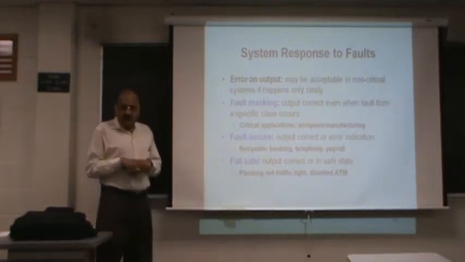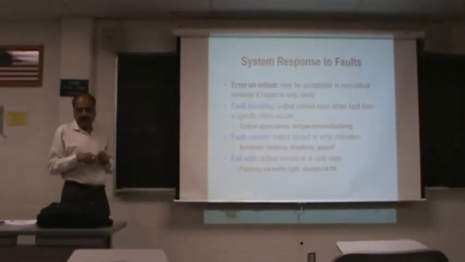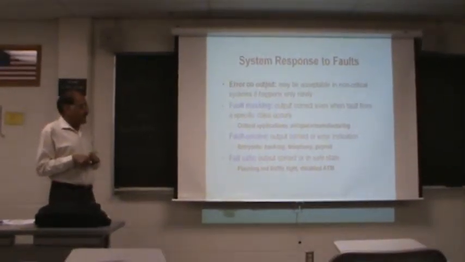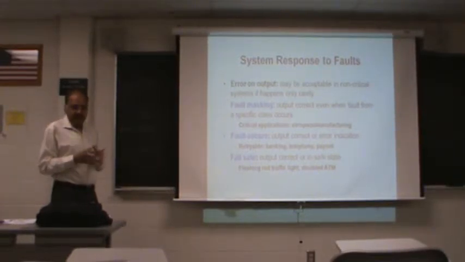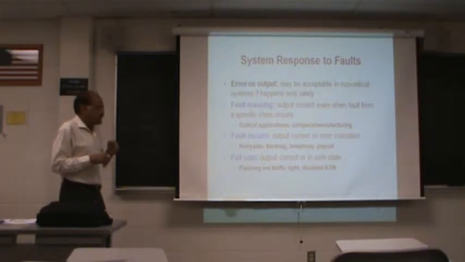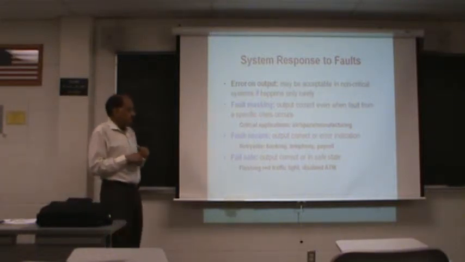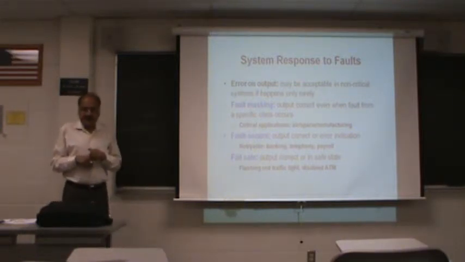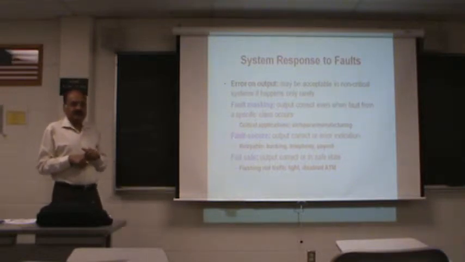Sometimes you want this fault secure property. That means either you want the output to be correct, or you want an indication at the output that there was an error. So the idea is that you have an indication that there was an error, and maybe you can retry it.